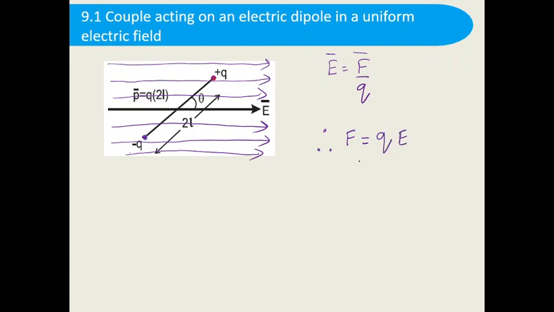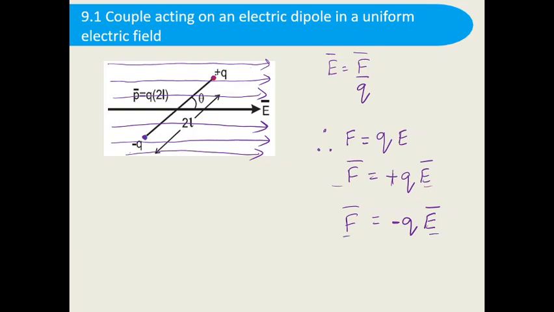If q is positive, the force will be equal to plus q into E bar. If the charge is negative, then this F bar will be equal to minus of q into E bar. So this positive sign indicates that E bar and F bar are in the same direction. This negative sign indicates that E bar and F bar are in opposite directions.